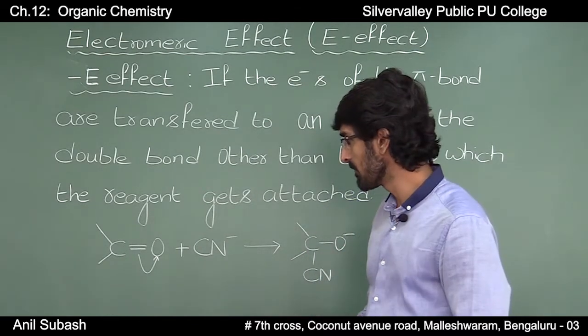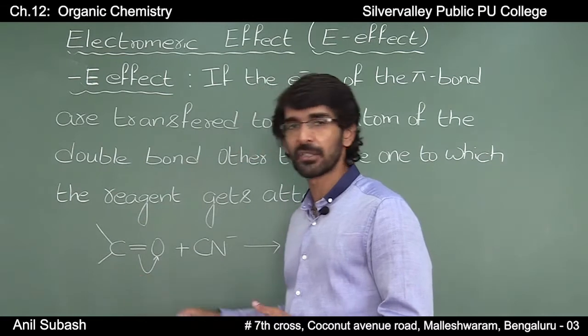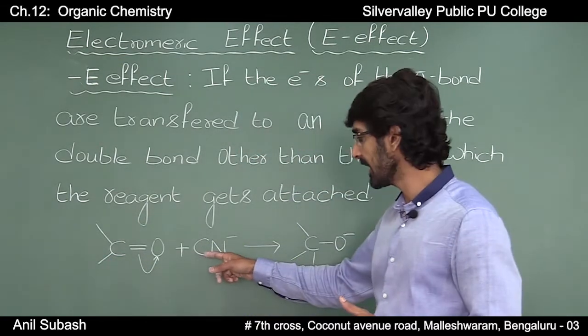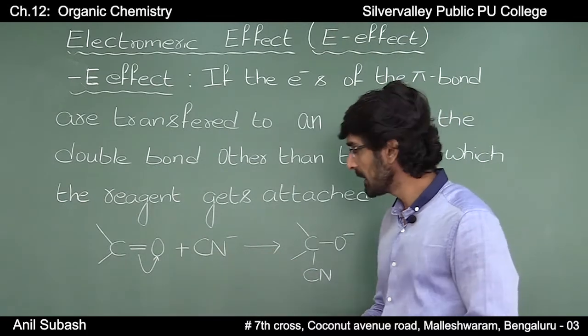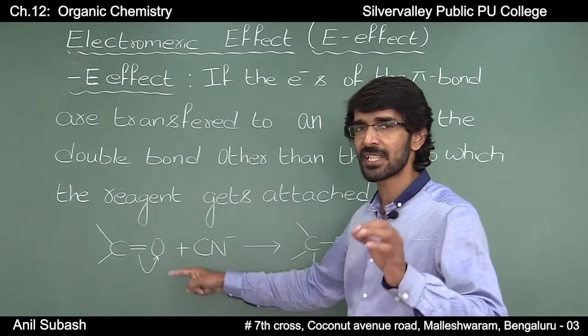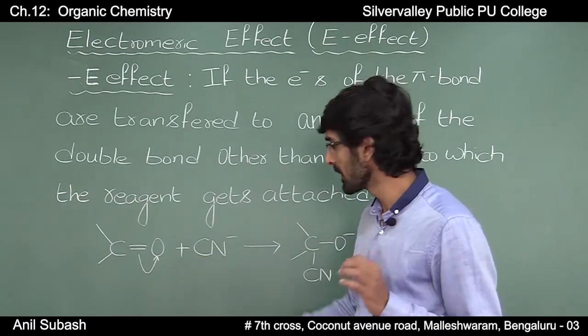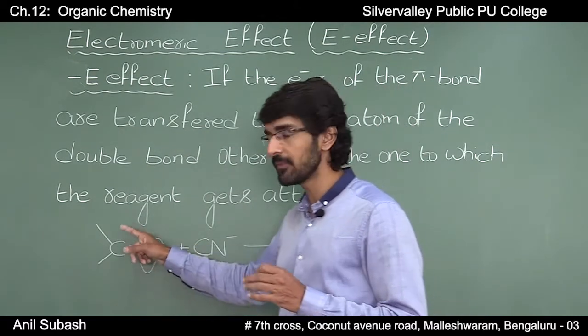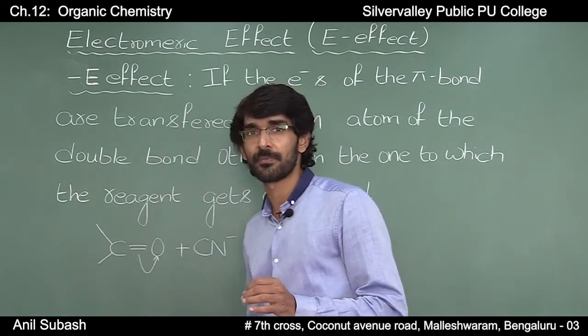For example, consider a carbonyl group. When the carbonyl group is attacked by a cyano group, the pi electrons will move towards oxygen, which is highly electronegative, and oxygen will develop a negative charge and carbon will develop a positive charge.